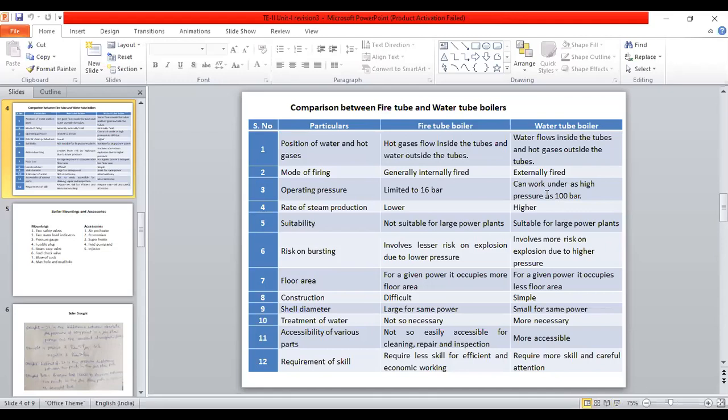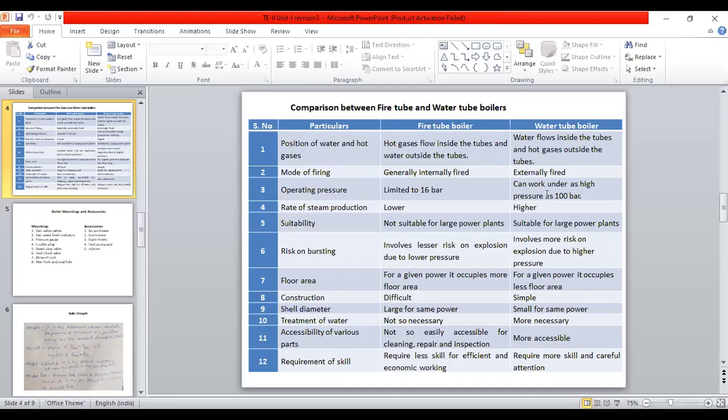Rate of steam production is lower for the fire tube boiler, higher for the water tube boiler. Fire tube boilers are not suitable for large power plants, but water tube boilers are suitable for large power plants.